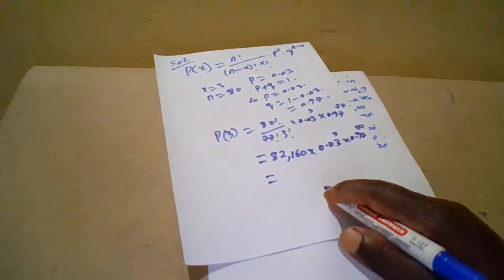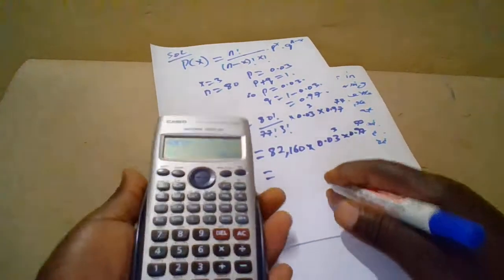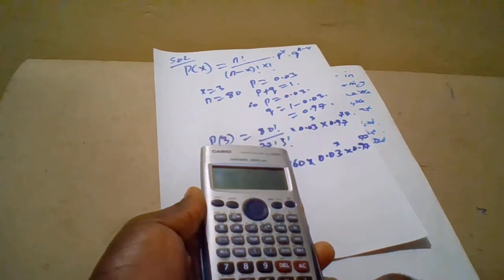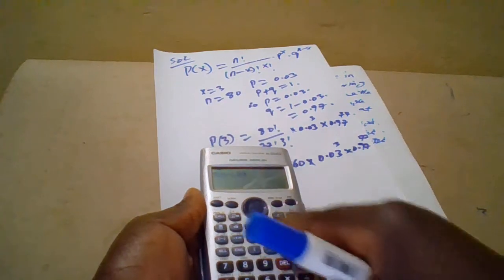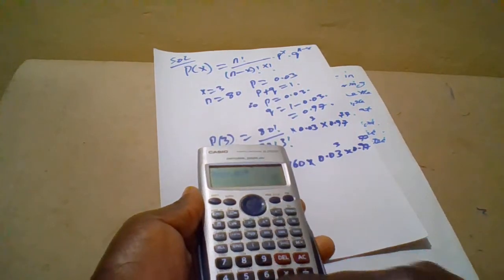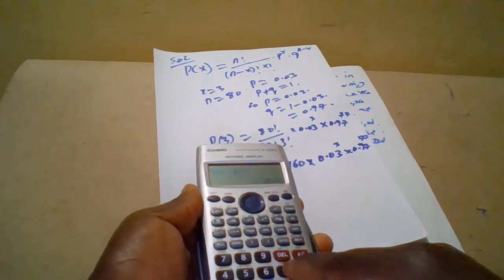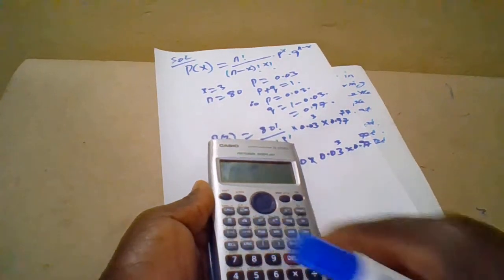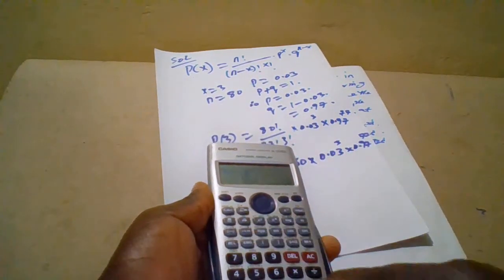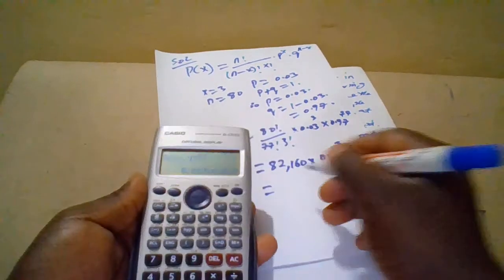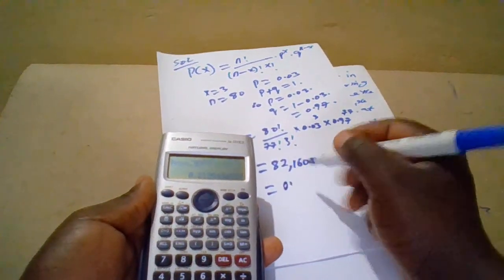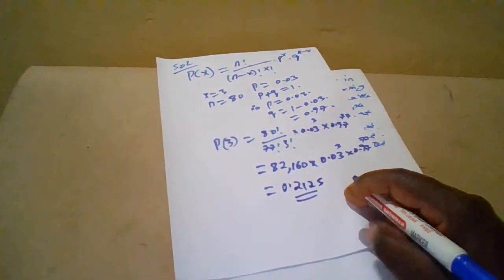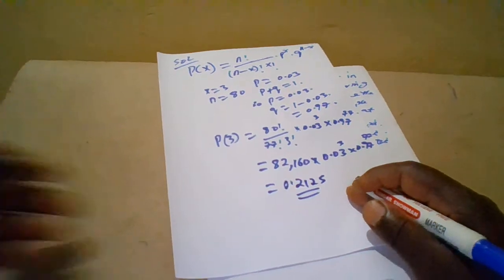On the calculator, 82,160 times 0.03 raised to 3 times 0.97 raised to 77 equals 0.2125. So this is the probability that exactly 3 are rejected.